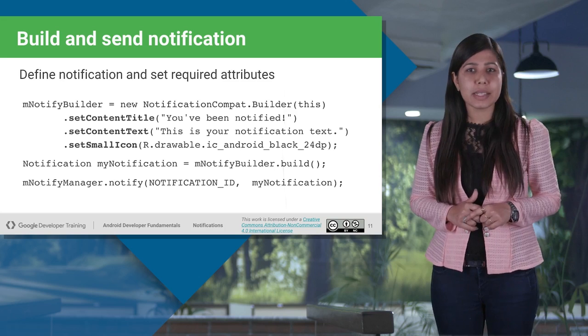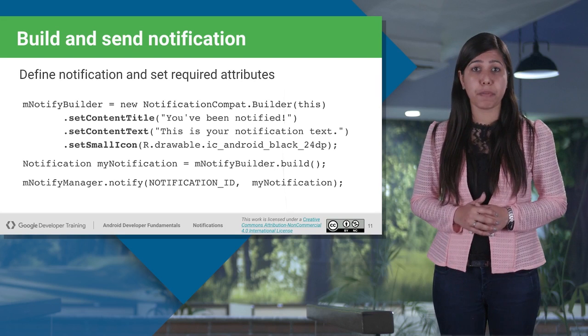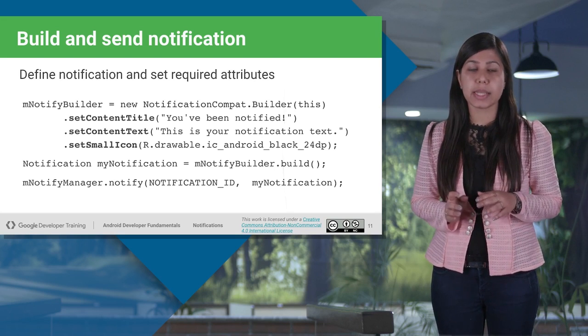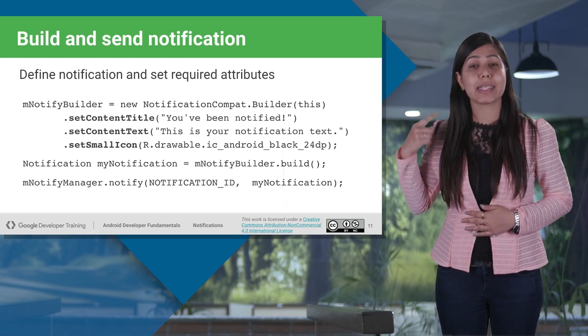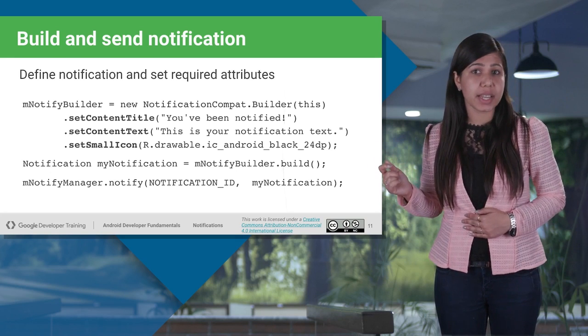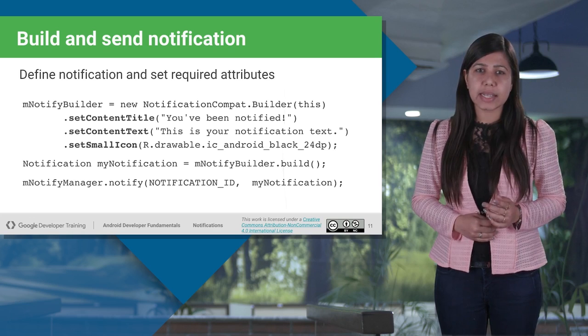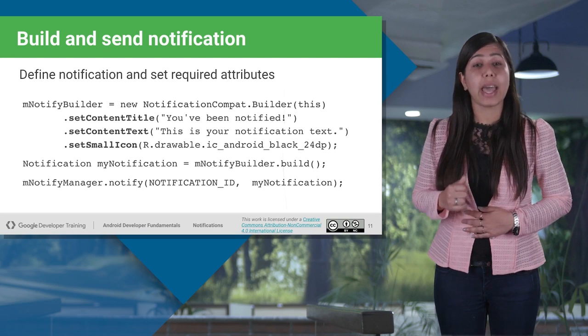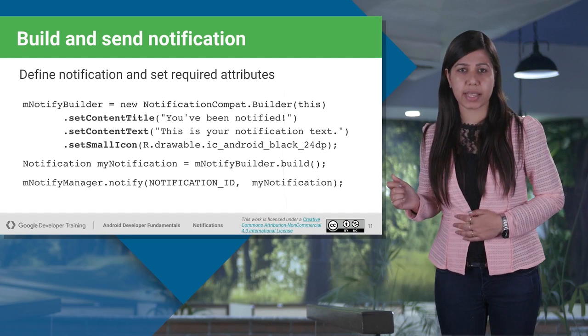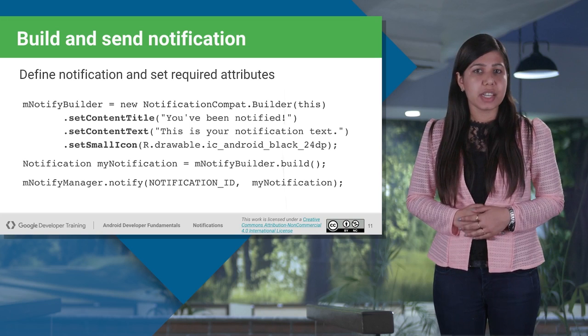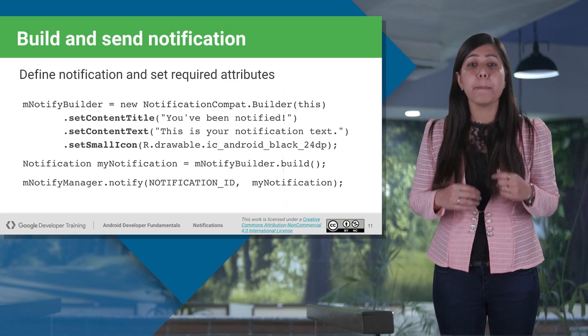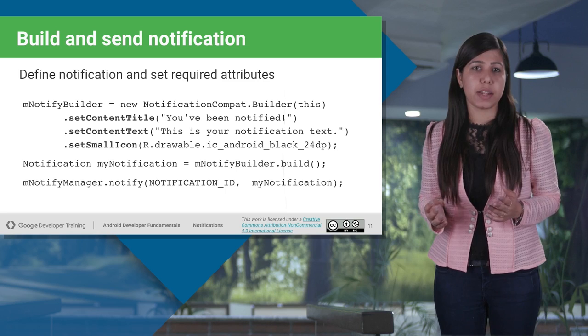First, create an instance of a builder class, identifying all the features or properties that we want in our notification, like set the title by setContentTitle, set the detail text by setContentText, and set the icon by setSmallIcon. Second, when we are done with setting properties, the builder class builds the notification itself for us.